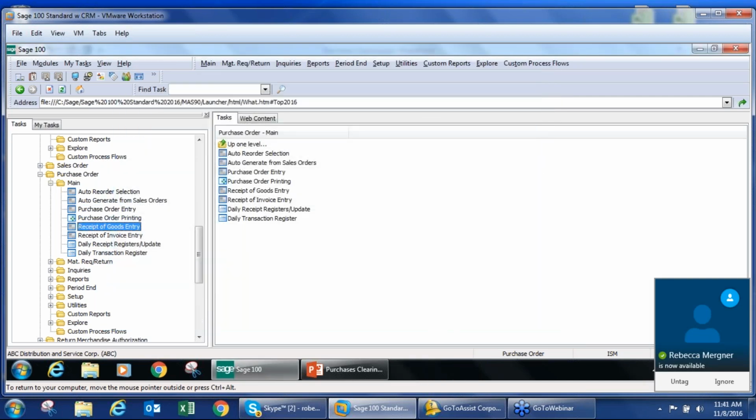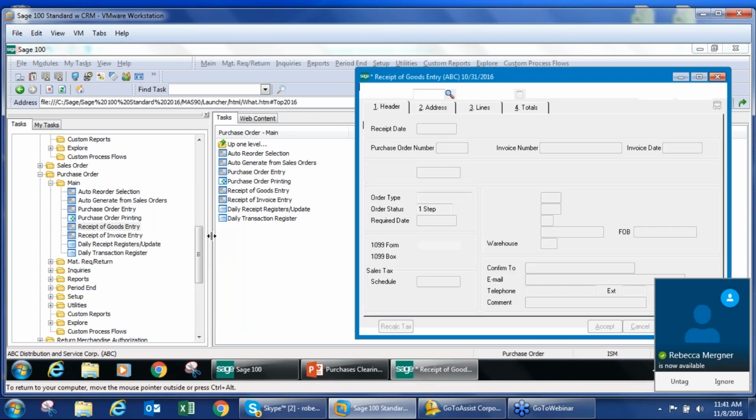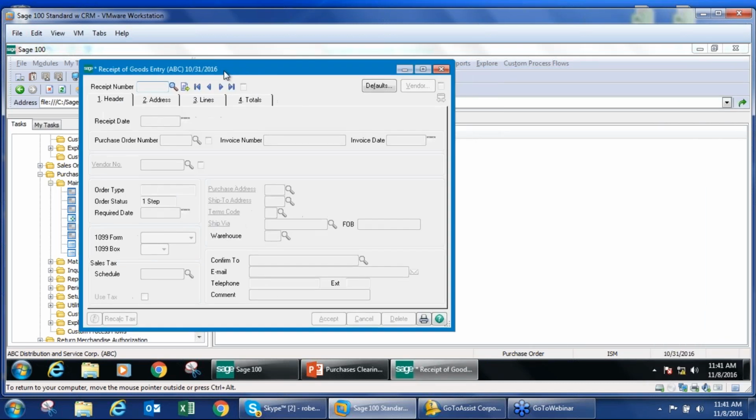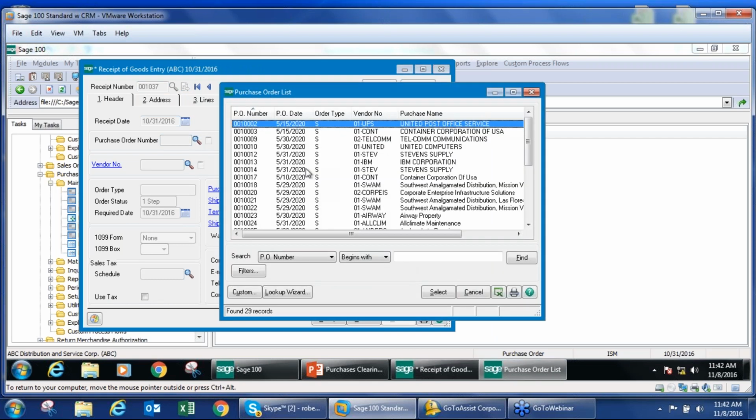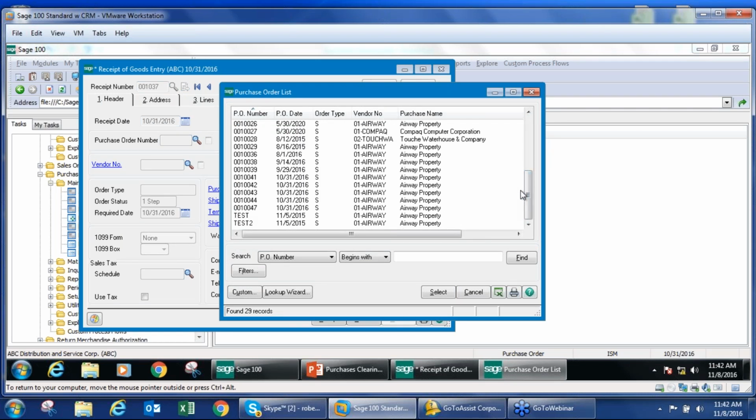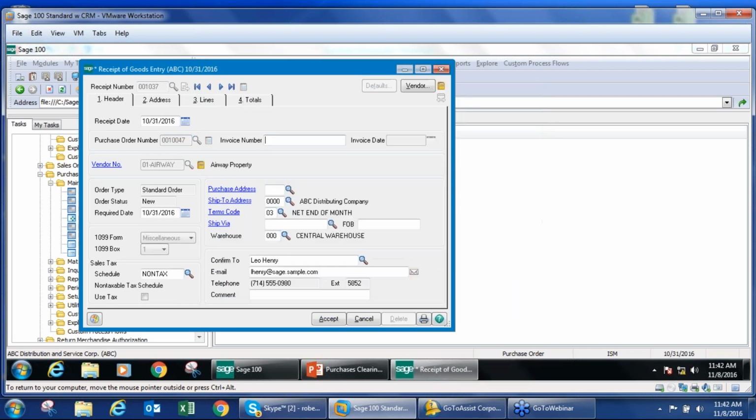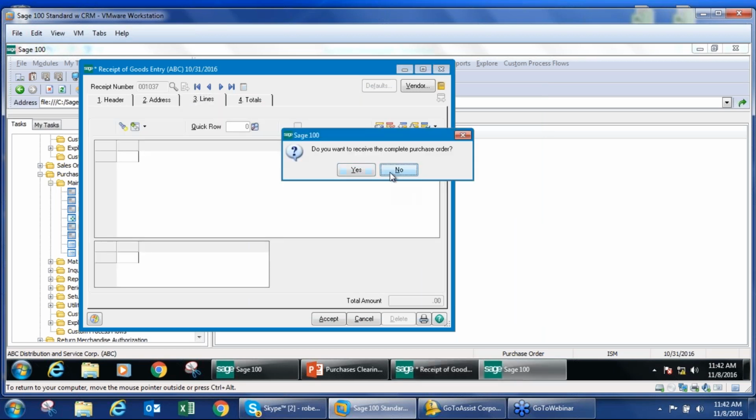And I'm going to process a receipt of goods. In this case, I'm going to do a partial receipt of goods. Even though we have a PO for 80 units, I'm going to do just a partial receipt and show you what happens. So I'm going to do a straightforward receipt of goods entry.